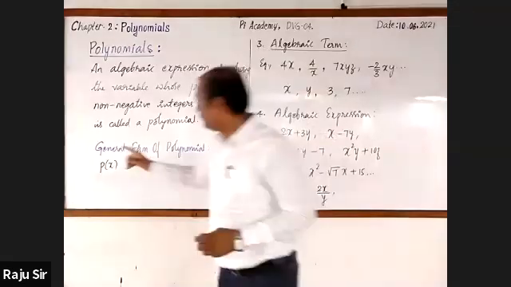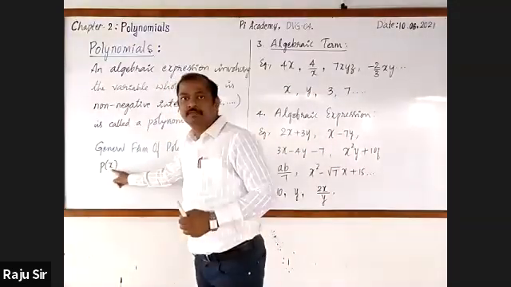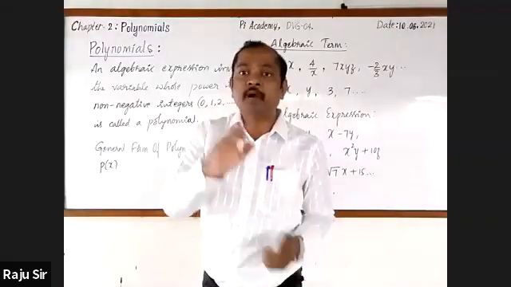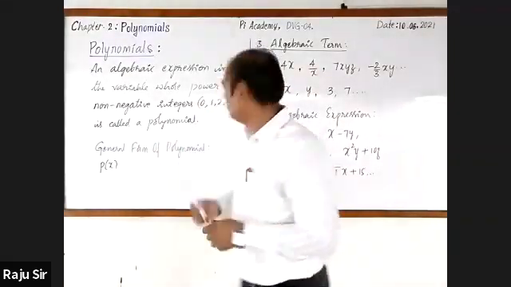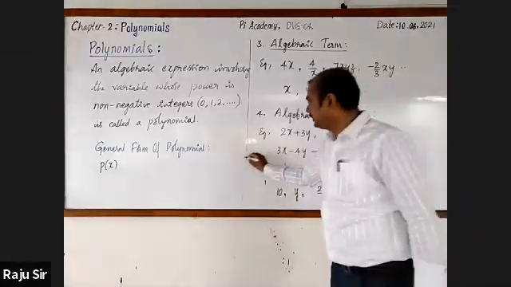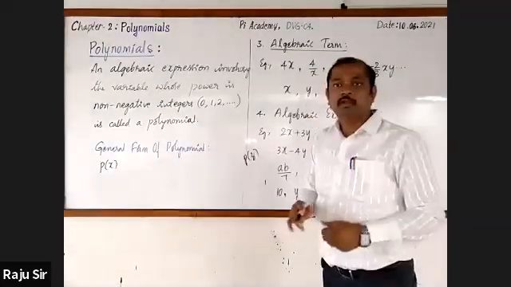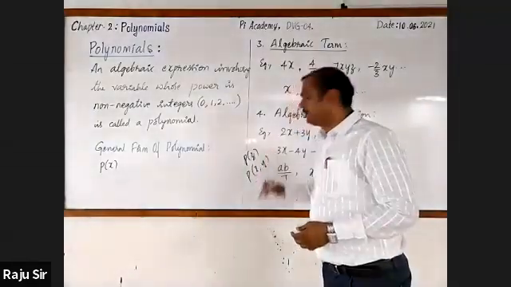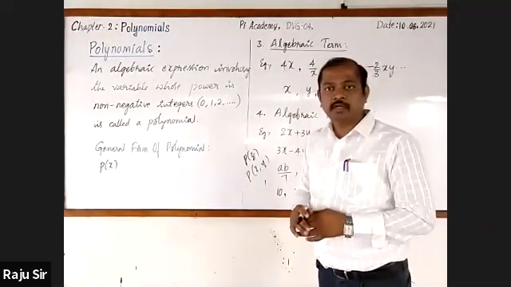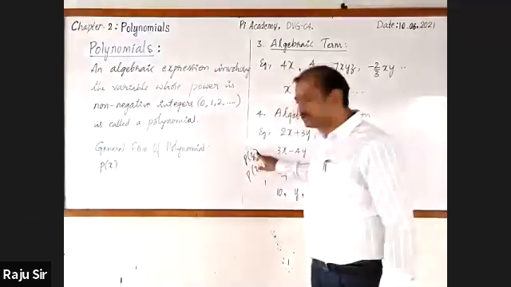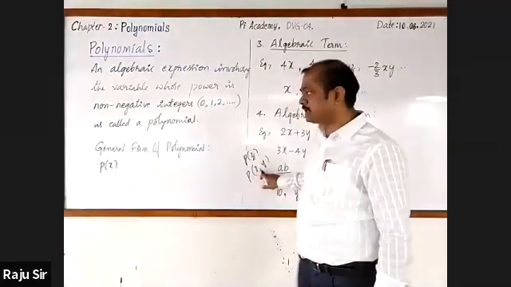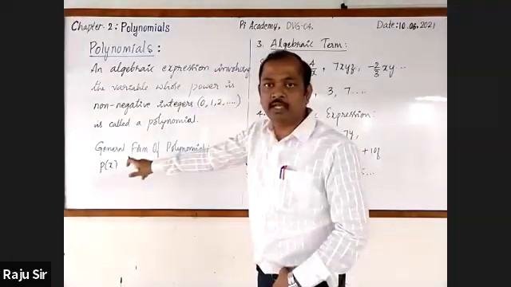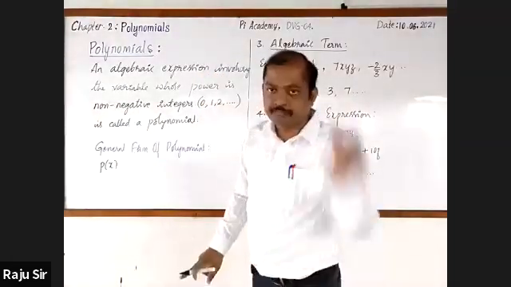That is polynomial in x. If y is there, it is p of y. If the variable involved is z, then we write it as p of z. If both x and y are there, we write p of xy. Got it? Polynomial in z, polynomial in x and y. This is polynomial in x. For the general form, I'll take only p of x.